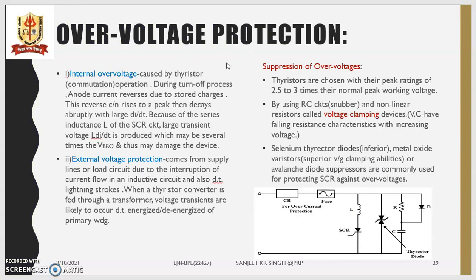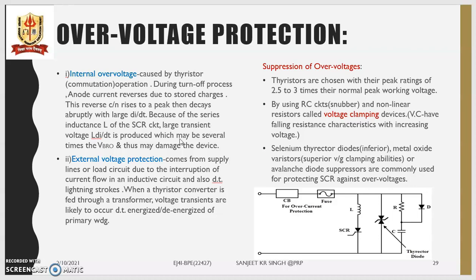Over voltage protection: internal over voltages are caused by the thyristor, particularly during the commutation operation. During the turn-off process, the anode current reverses due to stored charges. This reverse current rises to a peak, then decays abruptly with large di by dt.